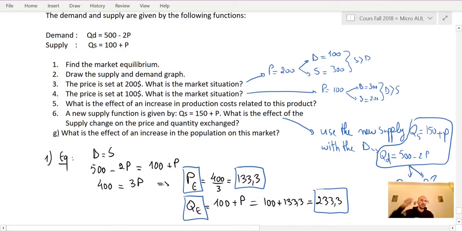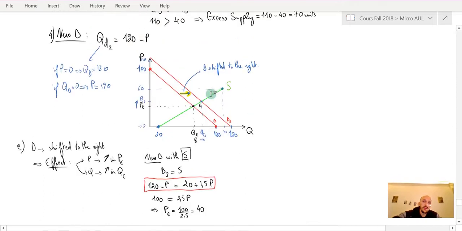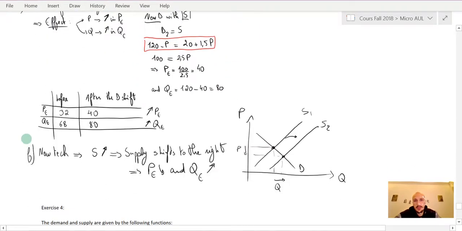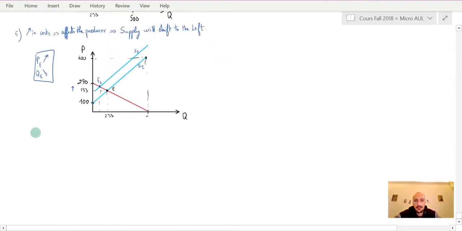Okay, so it is a quick calculation that you should be able to do. And then you say whether the price increased or decreased, and whether the quantity increased or decreased. And finally, what is the effect of an increase in the population on this market? Let's do it here.